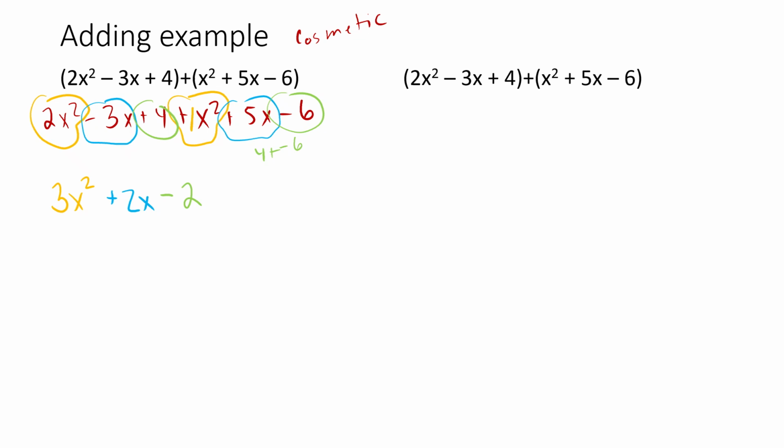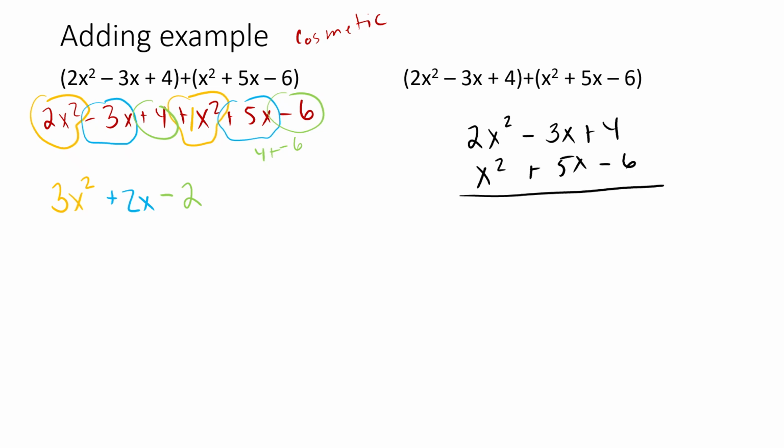Now, over on the right here, I just want to show you another way of setting that up. Some teachers do like to set this up vertically, where they'll stack the like terms over each other and then add going down. So 4 plus negative 6 is negative 2, negative 3x plus 5x is 2x, and 2x squared plus x squared is 3x squared.